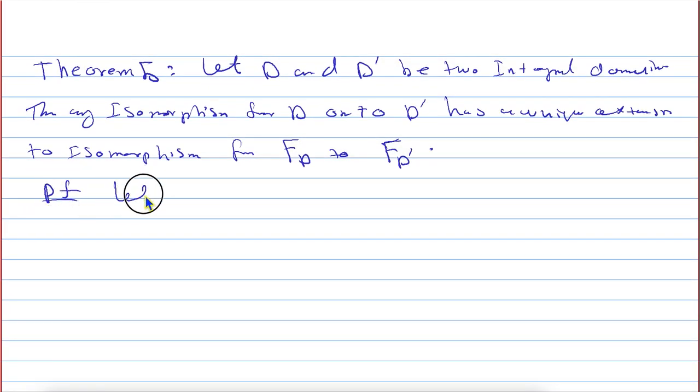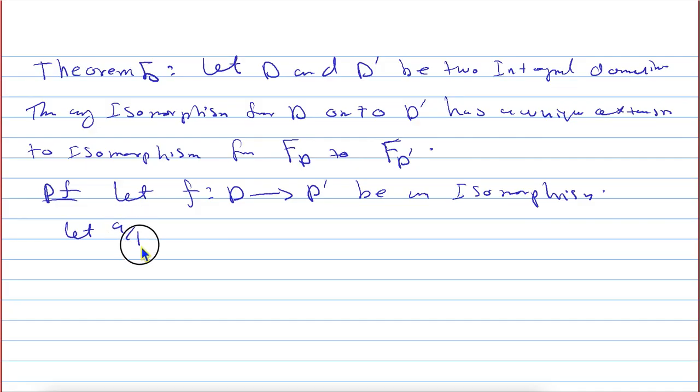Okay, so proof. Let F from D to D prime be an isomorphism. Now let A over B be an element in F sub D. Now from this we must have F of A equal some element in D prime.